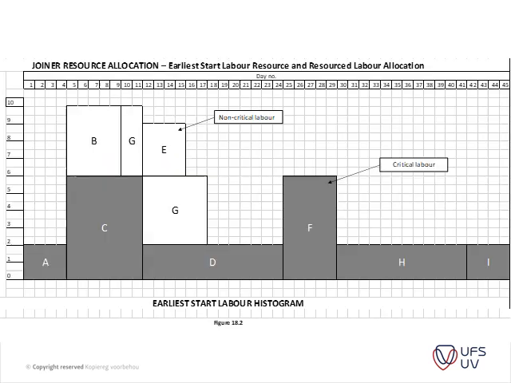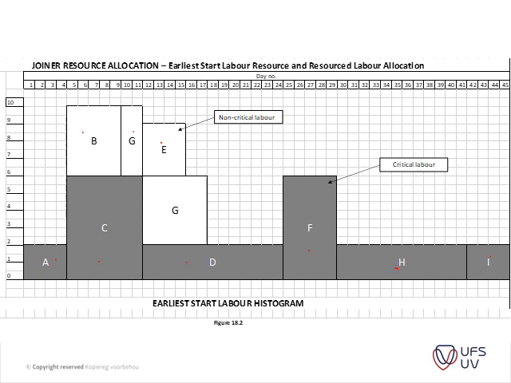So looking at figure 18.2, this is basically the histogram just showing the amount of laborers that you need. A, C, D, F, H is the critical labor, whereas you have B, E, and G, which continues through here, which gives you the non-critical labor items.